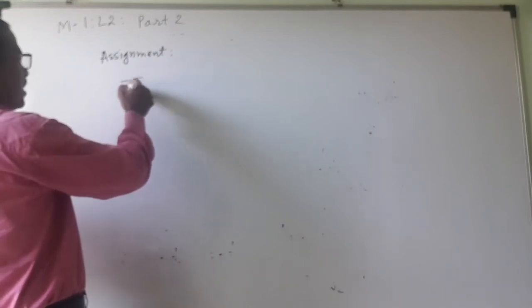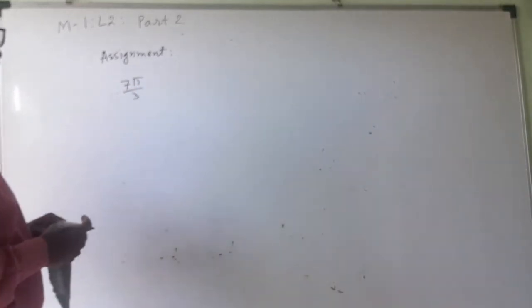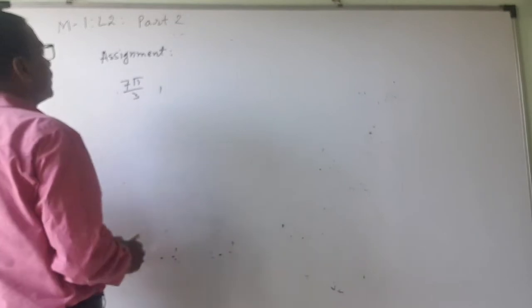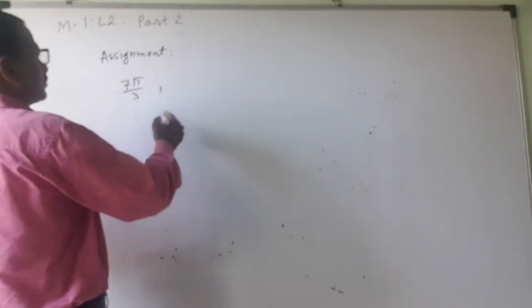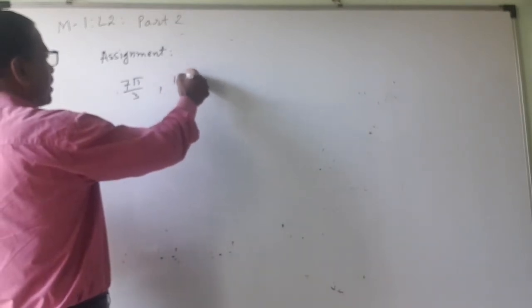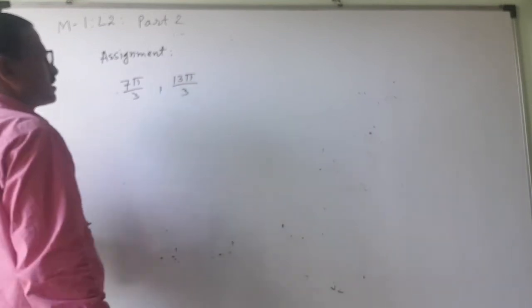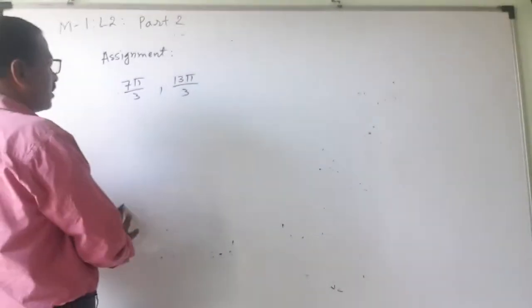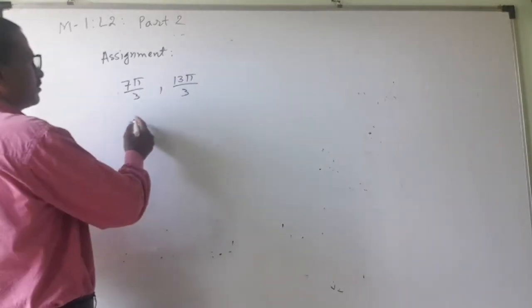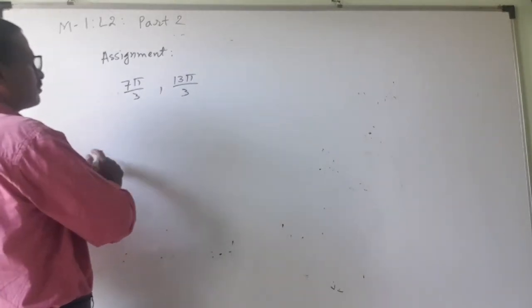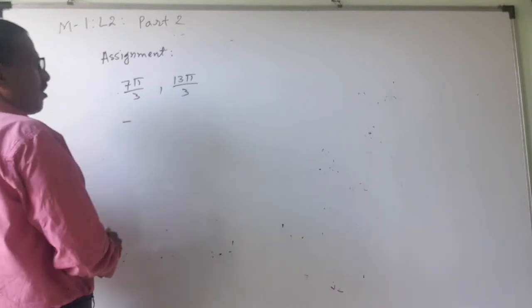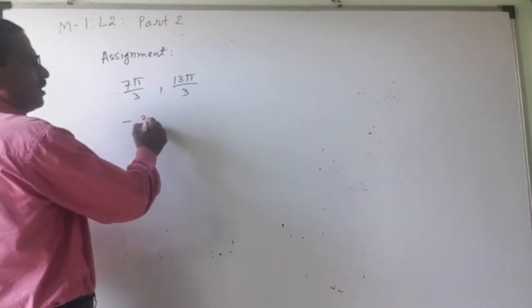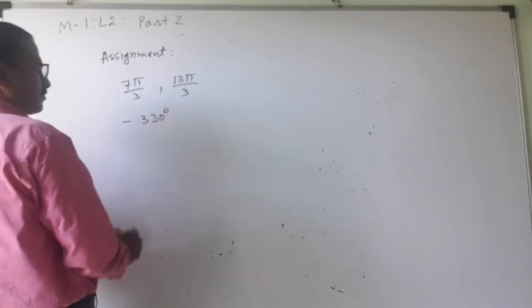Seven pi by 3, then 13 pi by 3, and then minus 330 degrees.